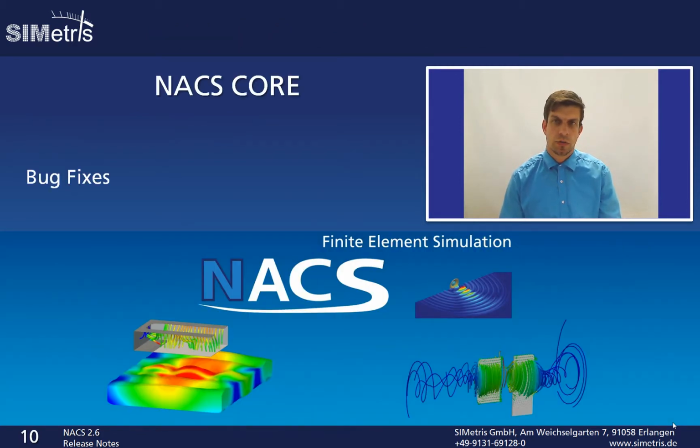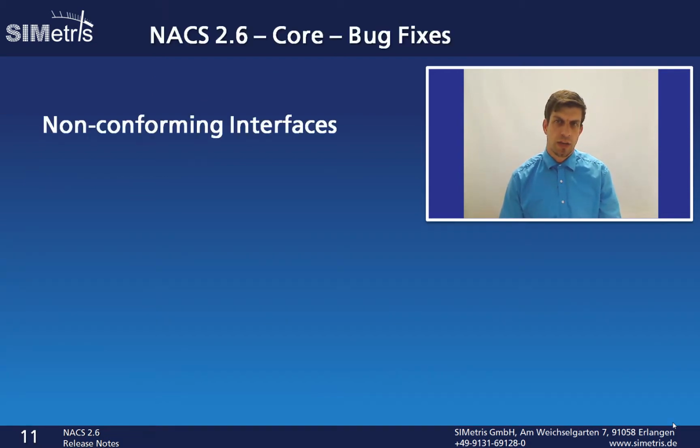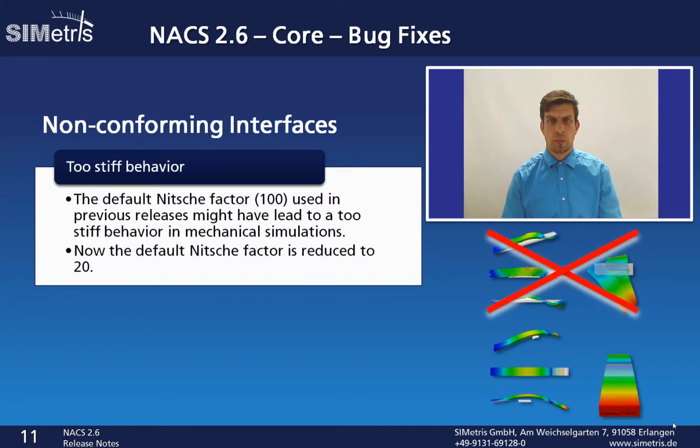Then I want to conclude the NACS core presentation with some bug fixes that we have introduced concerning non-conforming interfaces. Here we found out that the NACS factor that we have used by default, a factor of 100, might have led to too stiff simulation results because the two computational domains were too stiff at the interface.